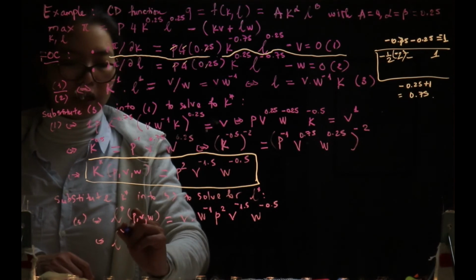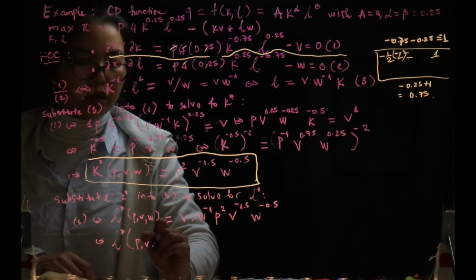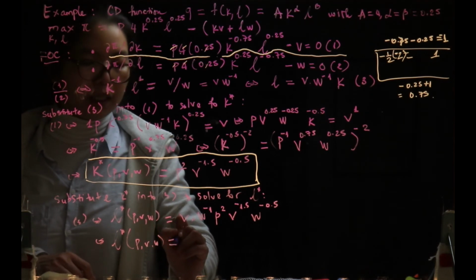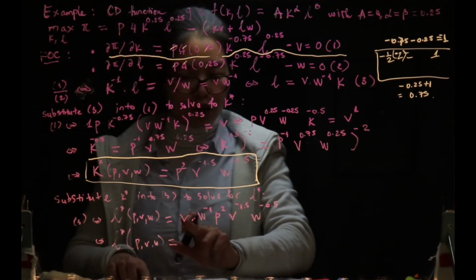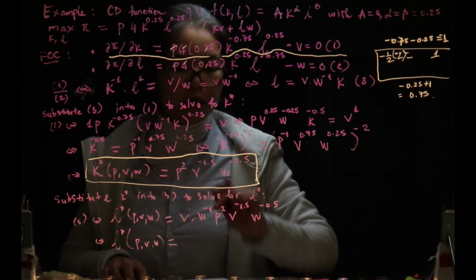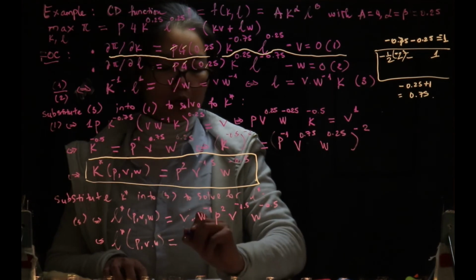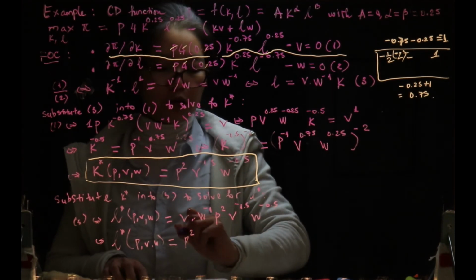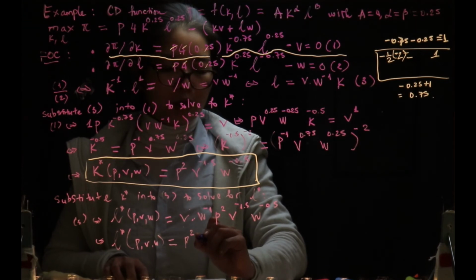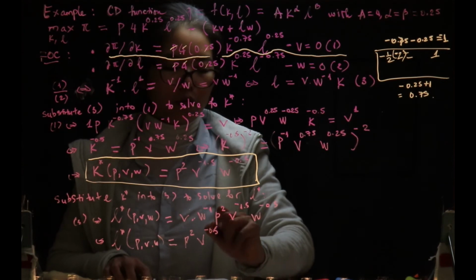L star, P, V, W equals V to the power of 1, sorry, and then minus 1.5. So V, but let's write P squared in front first, and then times V minus what is left, 0.5, right?